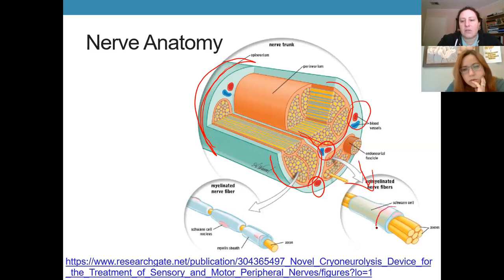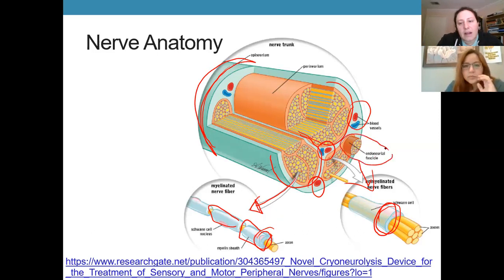And you can see there's still Schwann cells associated with them, but they wrap around a bunch of them and just hold them together, versus the myelinated, where we have actual nodes of myelination. And this doesn't really show you the endoneurium super well. It's got endoneurial fascicle around some unmyelinated fibers here.